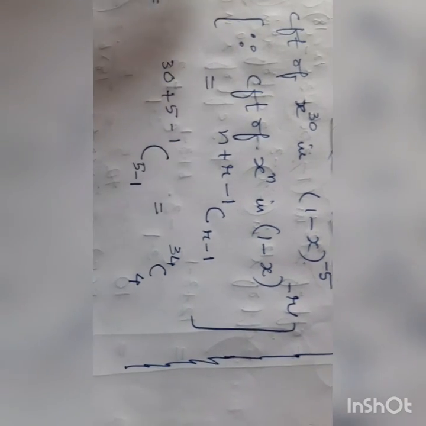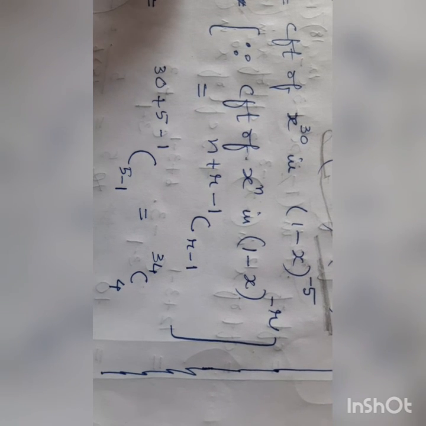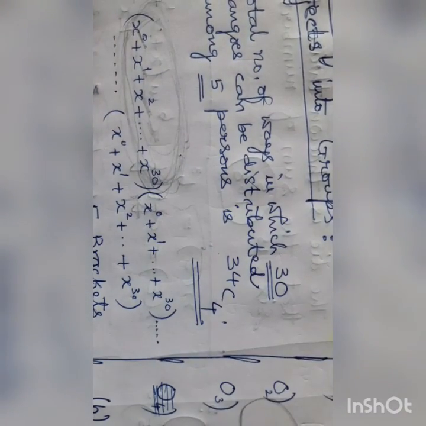I am keeping this for 2 seconds, because the formula you have to remember. Same way, 30 plus 5 minus 1 C 5 minus 1 equals 34 C 4. So the total number of ways in which 30 mangoes can be distributed among 5 persons is 34C4.